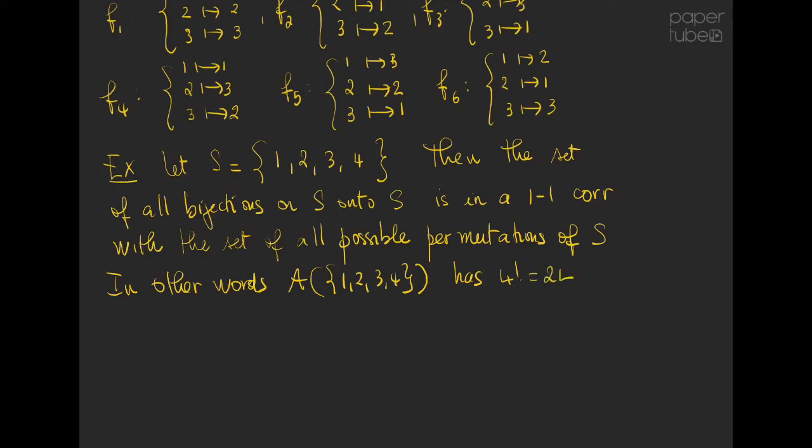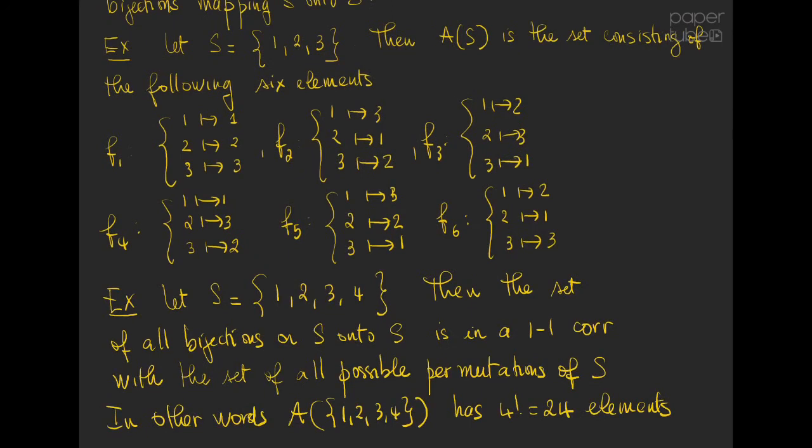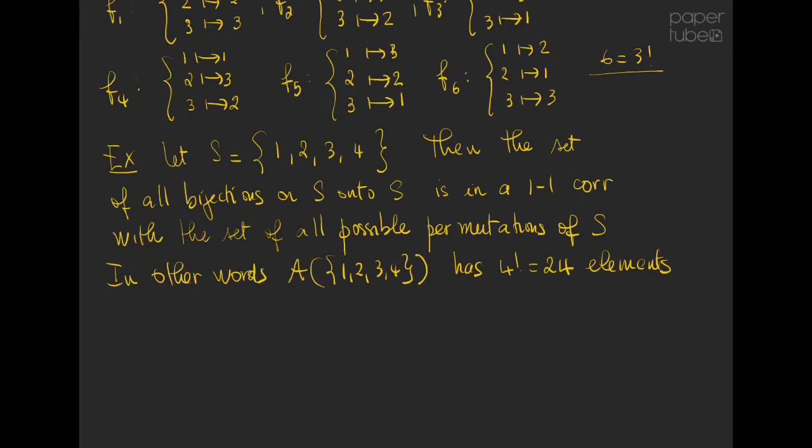So that would be 24 elements. Notice that in the previous example, this set here has 6 elements, and 6 is actually 3 factorial. Okay, so we're going somewhere with these observations here.